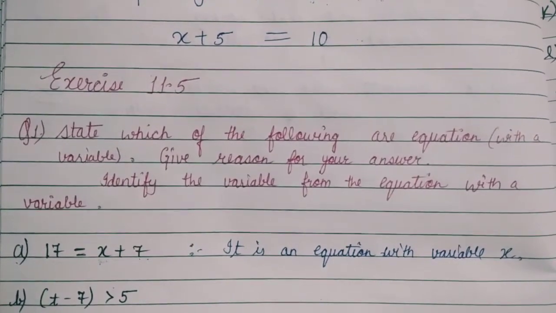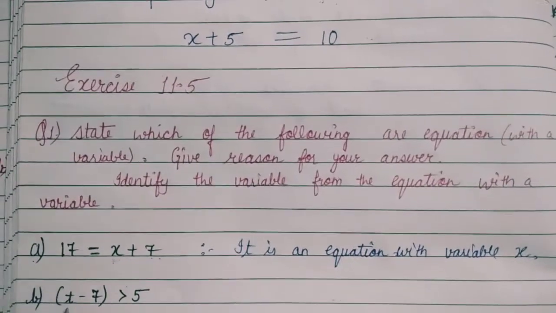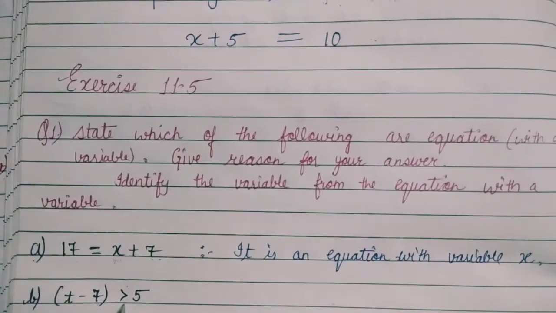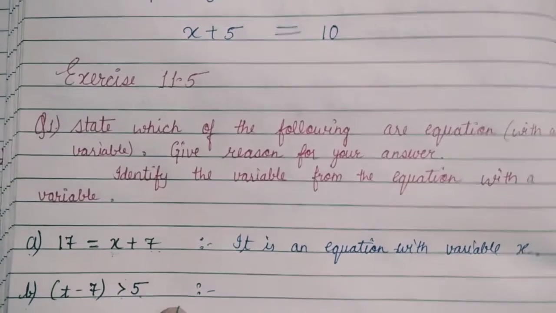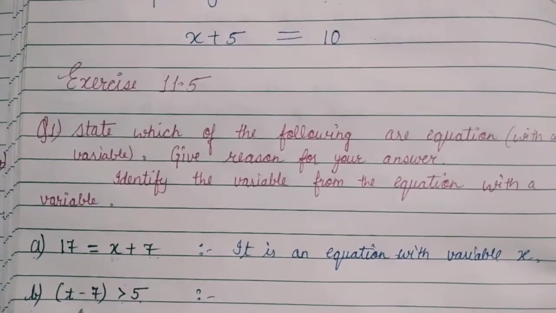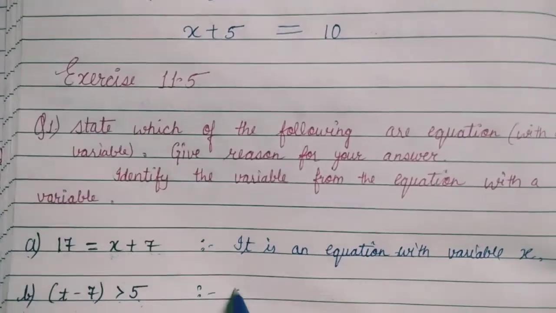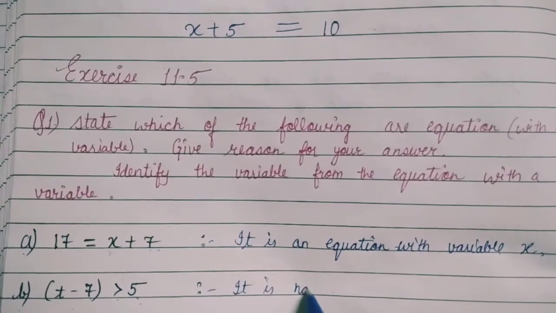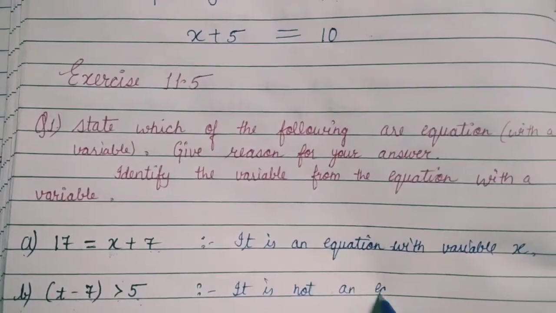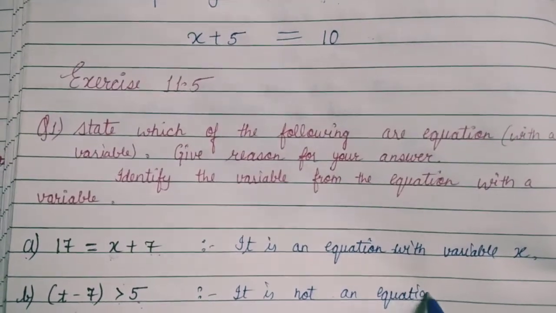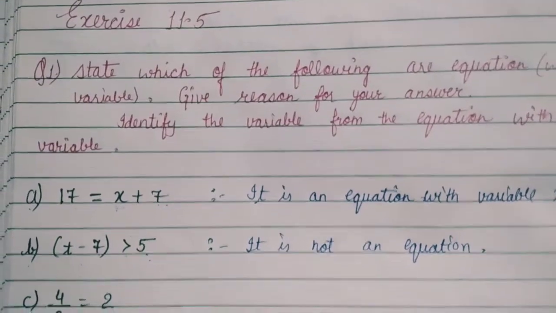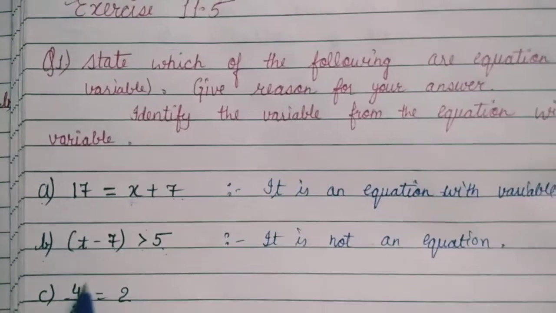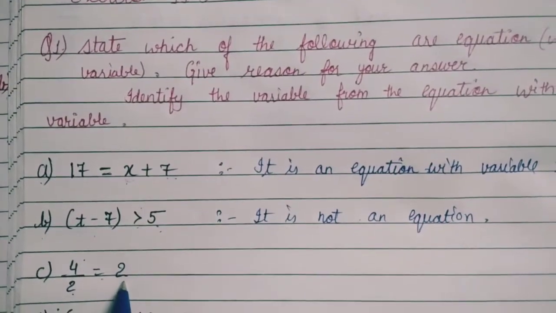Okay. Now B is t minus 7 is greater than 5. So here we don't have the equal symbol in between the left hand side and right hand side. So it is not an equation, because we did not get any equal symbol. Now C is 4 by 2 is equal to 2.